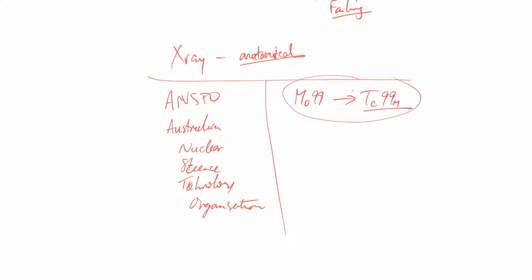This process here is delivered to hospitals. This takes, I think it's 36 hours. Actually, it would be more, so it's 67 hours or so to convert into this. That's what's used in our bodies. It has a 6-hour half-life. This is a half-life of much longer, but it's still less than this one.